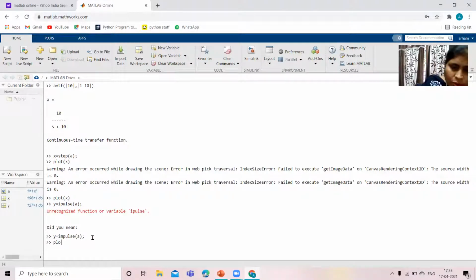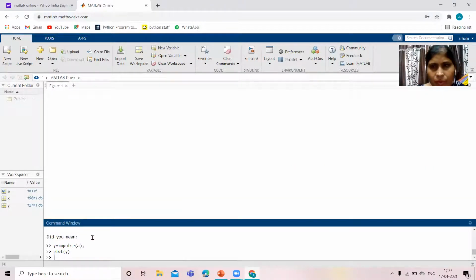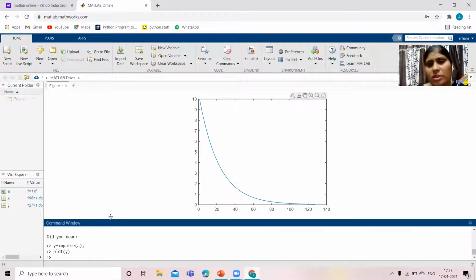Now I want to plot this impulse response. This is going to decrease with respect to time. So if an impulse input is given, the output looks like this for the first order system.